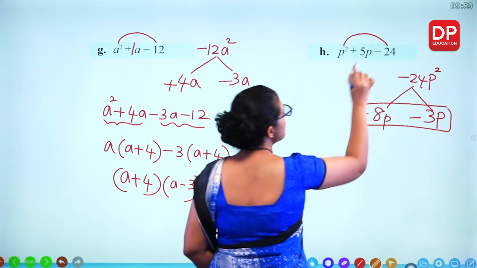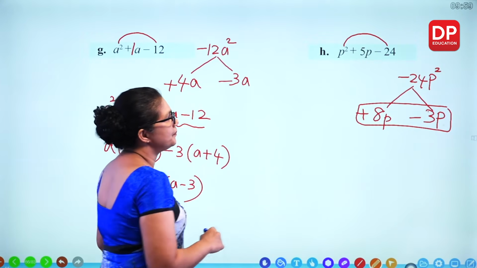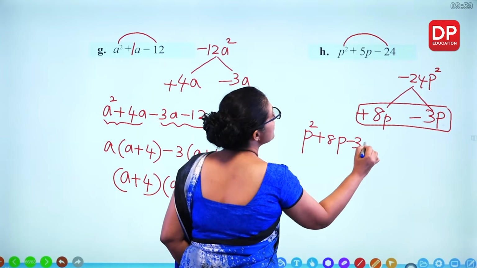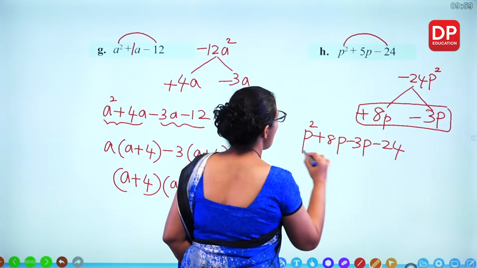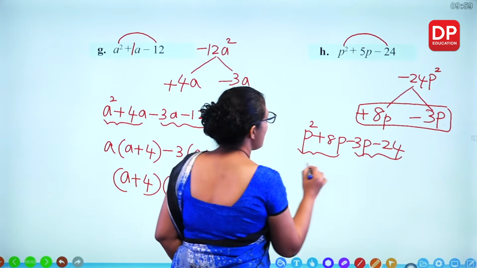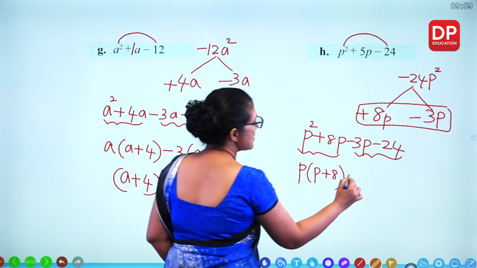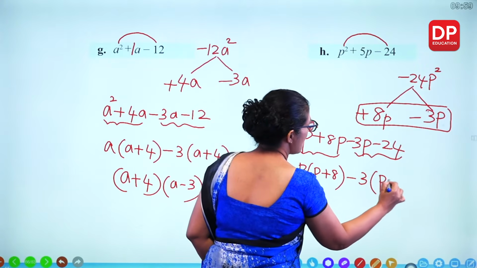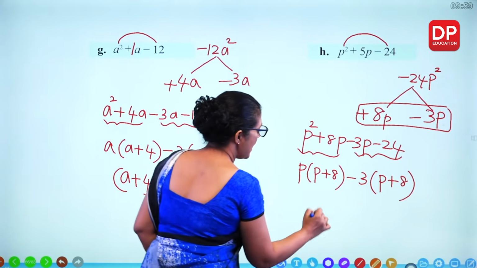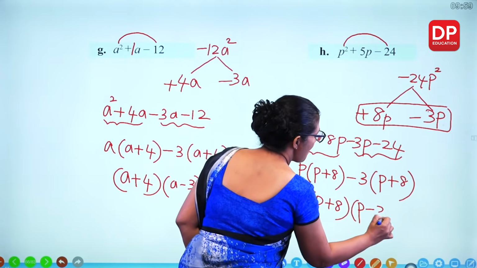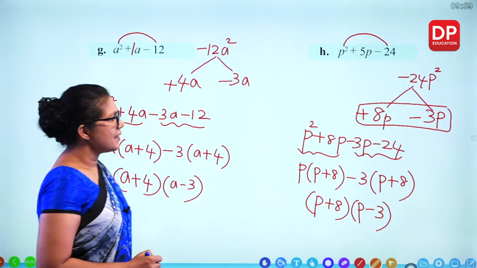Then only you get plus 5p. So p squared plus 8p minus 3p minus 24. Take 2 at a time and when you take p out, that's this, minus 3 out, you get p plus 8. So p plus 8 and p minus 3.